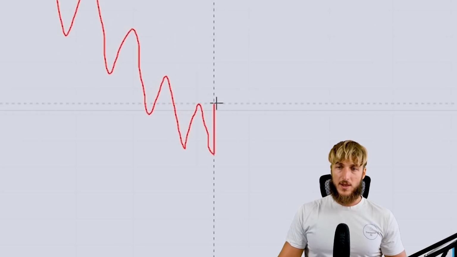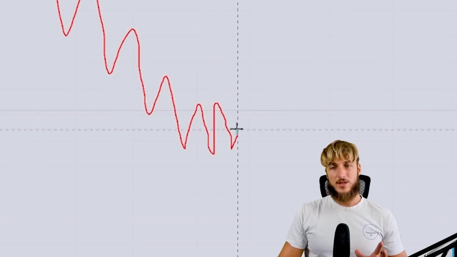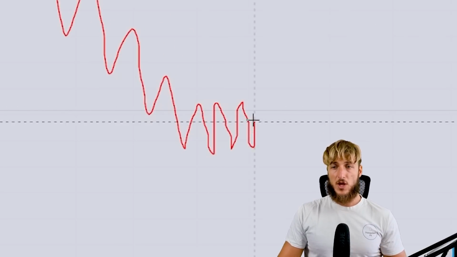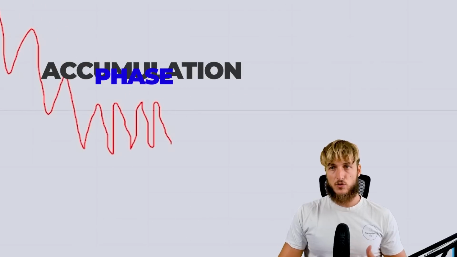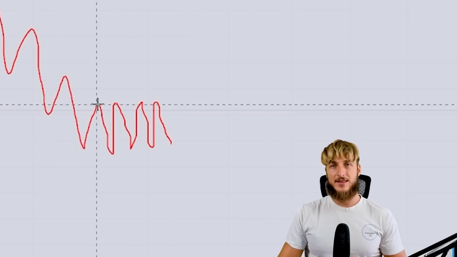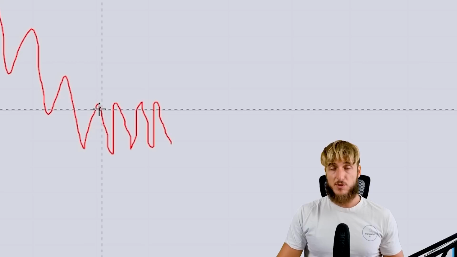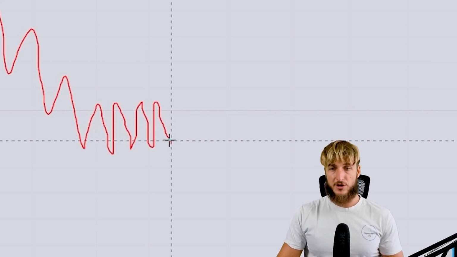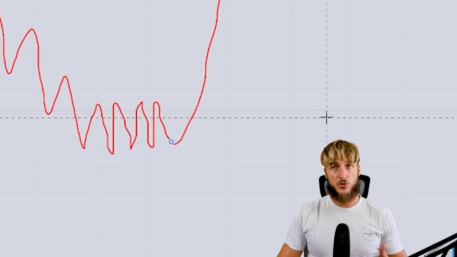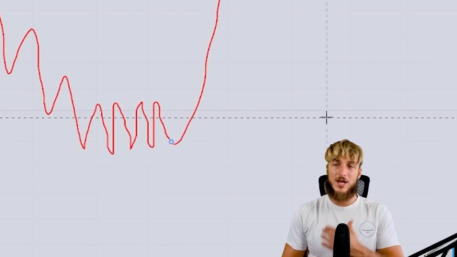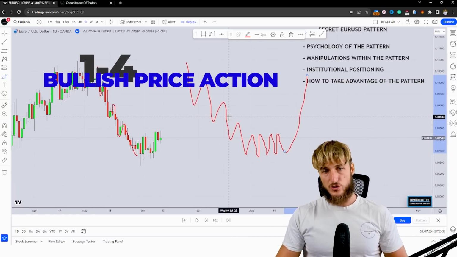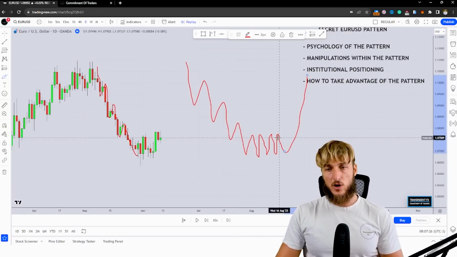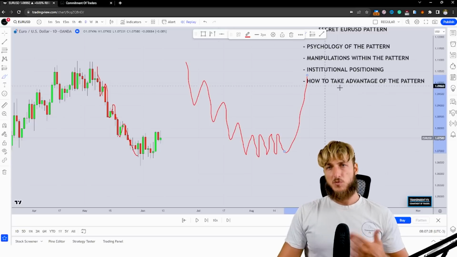So at that point, we will have a rejection to the upside, and that is when the pattern triggers, because essentially what will happen in this case is a horizontal accumulation, in which institutions are taking advantage of every selling order that is entering the market as much as possible in order to accumulate their long positions. And only at that point, when they have finished their accumulation, can the market create a move to the upside.